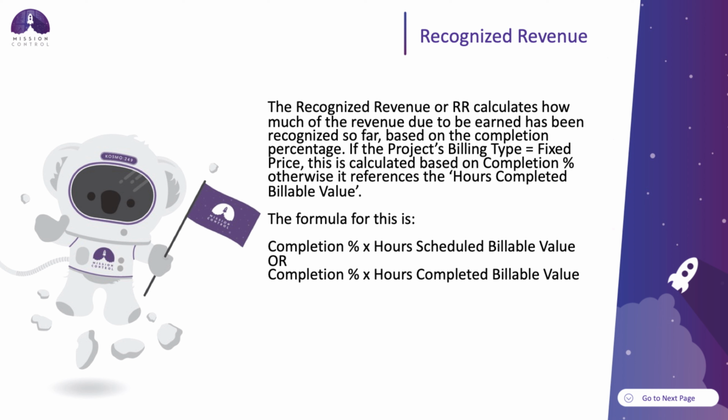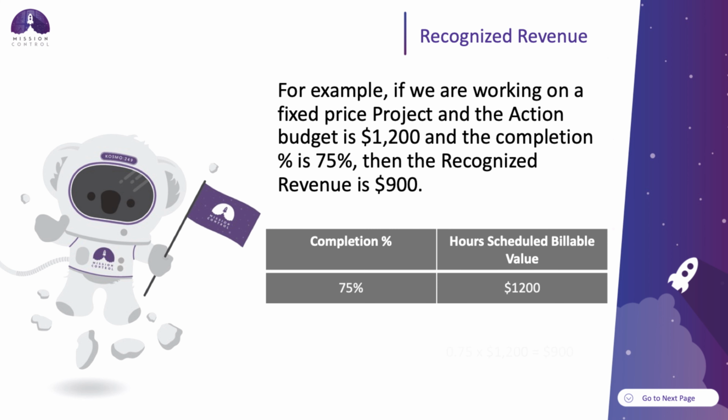The formula for this is the completion percentage times the hours scheduled billable value, or the completion percentage times the hours completed billable value. An example of this would be if we are working on a fixed price project and the total action budget is $1,200 and the completion percentage is 75%, then the recognized revenue is $900, which is 75% of 1200.